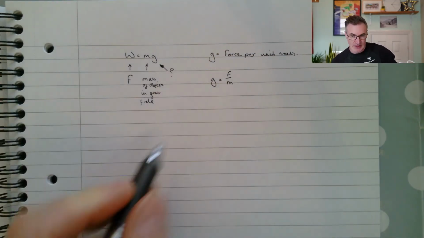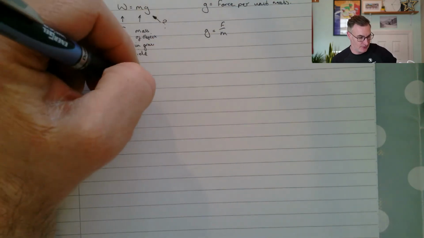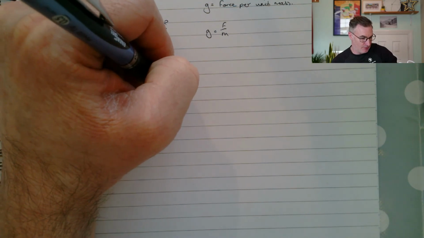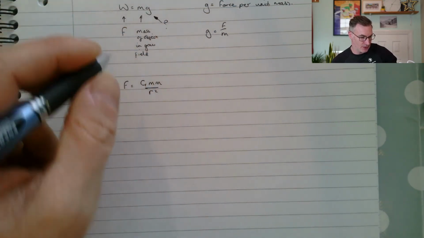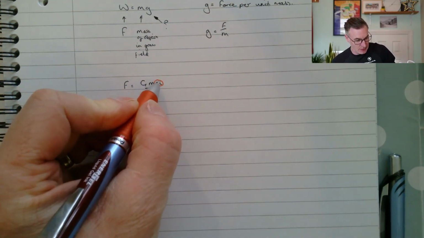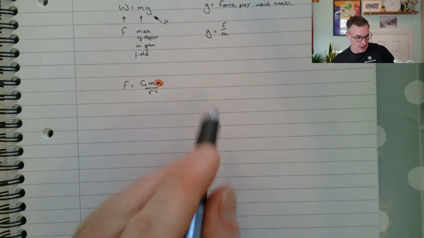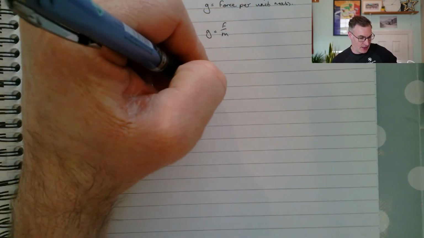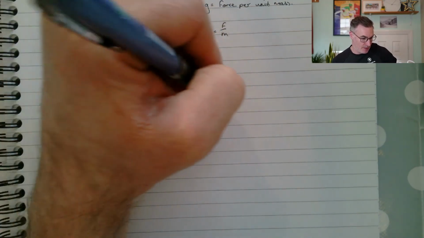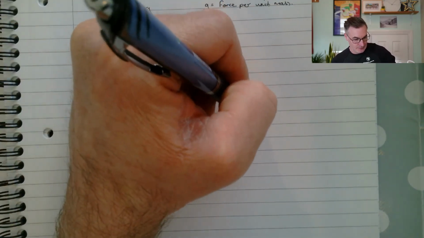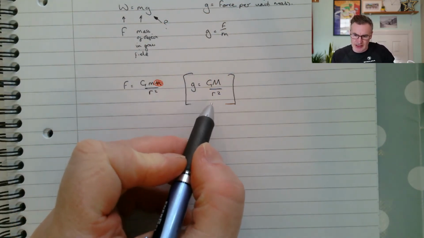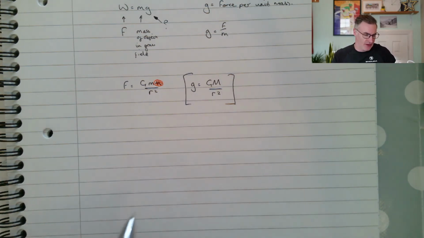But if we're to put this into the inverse square law of gravitation that we have, F is equal to big G m over r squared, then the mass that we're actually talking about is this one here. And so if we are to look at that, then we'll see that Vg is equal to big G m over r squared. And here we get a term for the gravitational field strength at a point that's a distance of r away from an object.